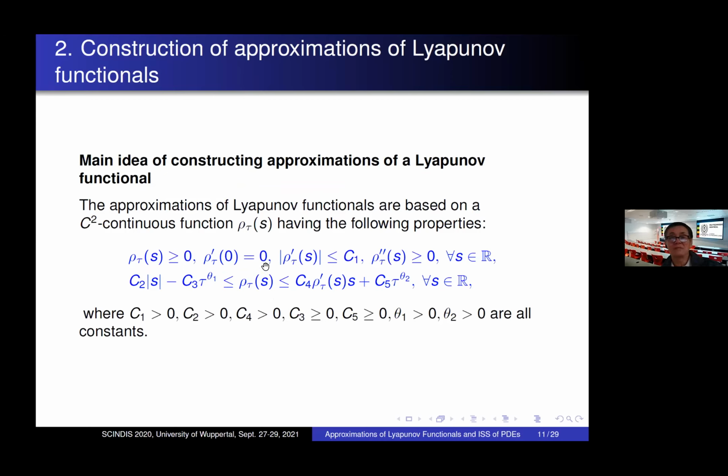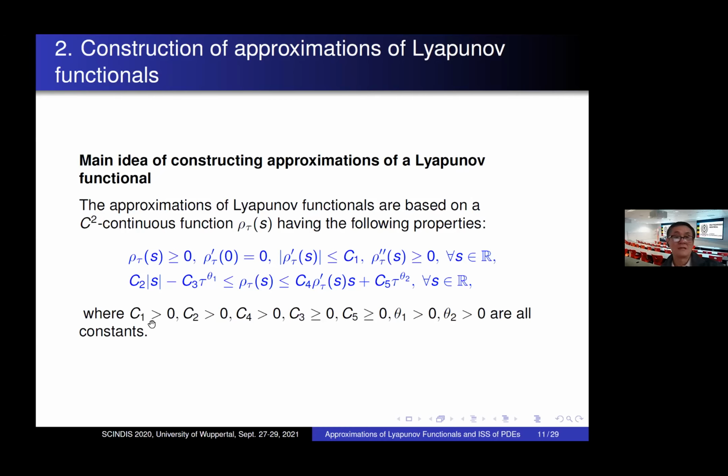It takes its minimum at 0, and it should be a convex function. Okay, this is a natural requirement for this function. In addition, we also add some conditions here. I will show later on how to use these conditions in the ISS analysis.